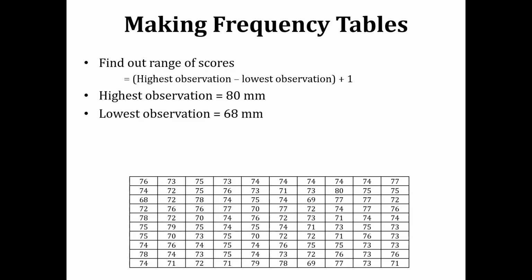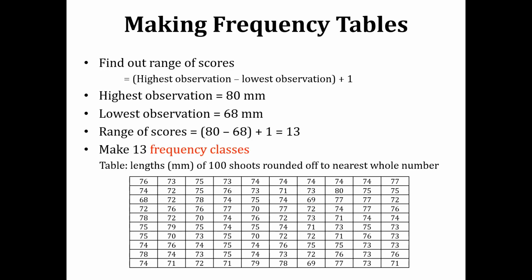So the range of scores is 80 minus 68 plus 1, which is equal to 13. So we have 100 observations, and these are spread into 13 unit steps, into 13 frequency classes. So we are going to make 13 frequency classes to represent this data.